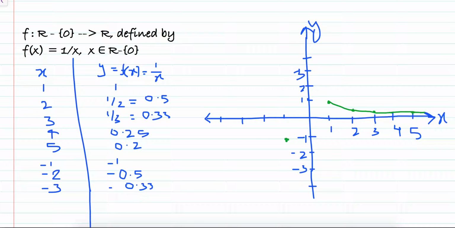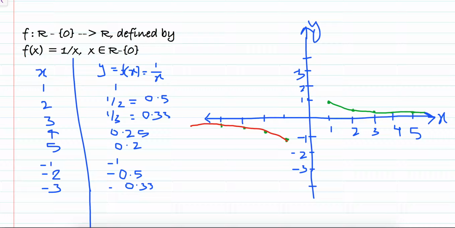So for minus 1 it's minus 1, for minus 2 it's minus 0.5, for minus 3 it's minus 0.33, for minus 4 it's minus 0.25 and so on. So here also it is like this.